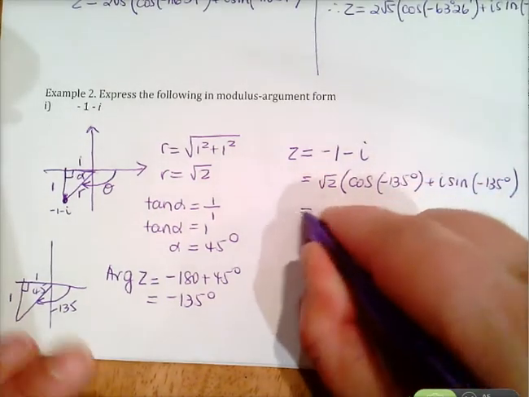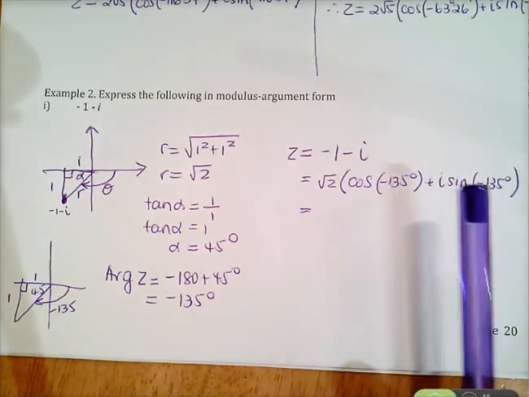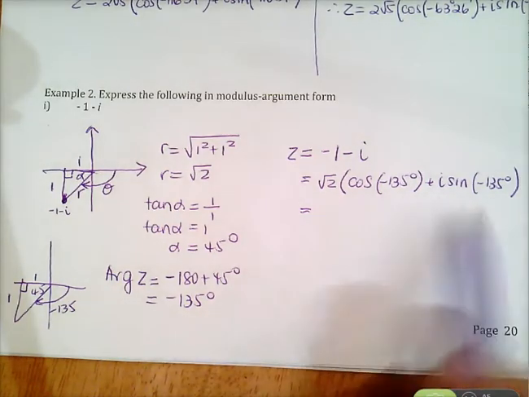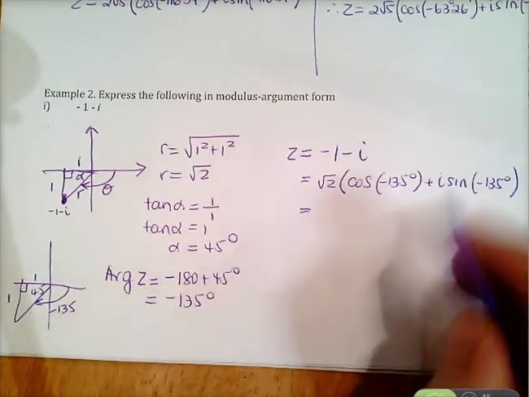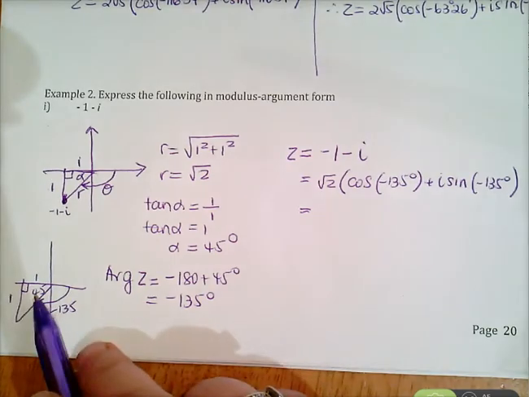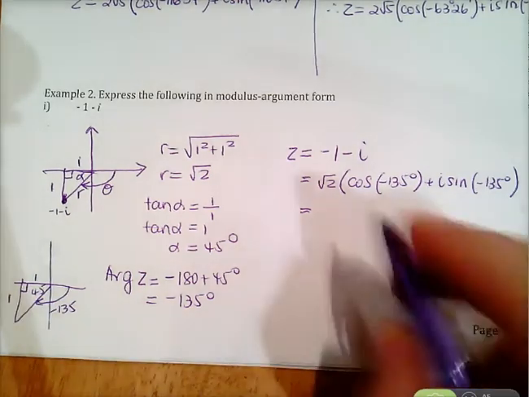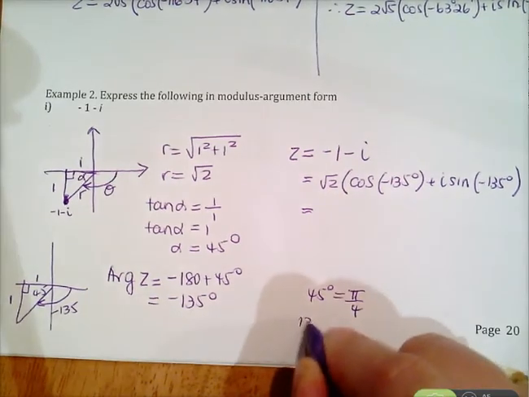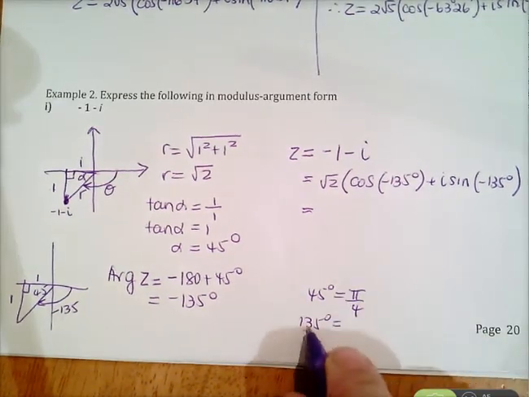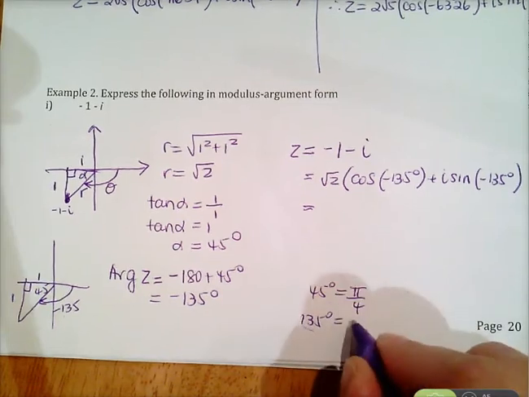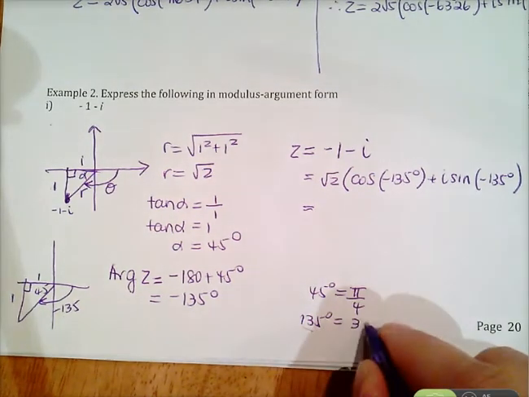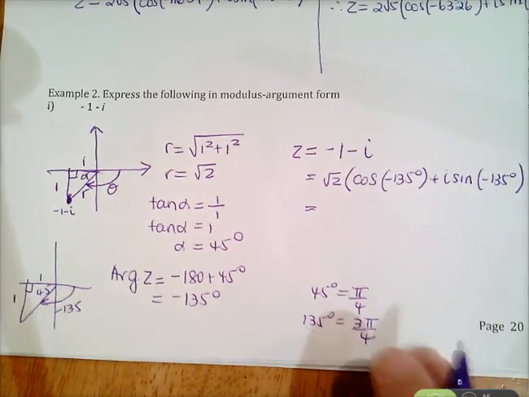Okay, now that can also be written, so that's in degrees, but we have to learn to write it in terms of pi. Now 135 is, well, 45 degrees is pi on 4. 135 degrees happens to be 3 times 45, which is 3 times pi on 4, which is 3 pi on 4.